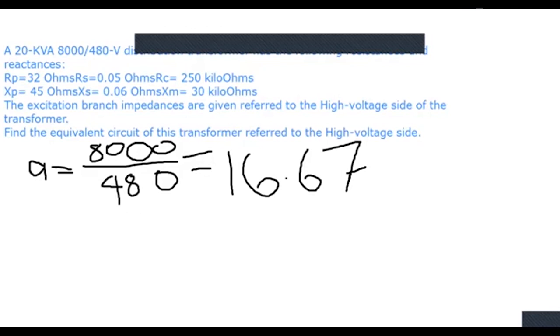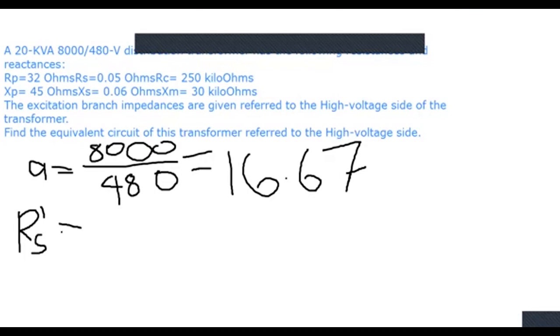Given the formula, we must now get the secondary impedances as referred to the primary side. We will only focus on the secondary impedances since we are going to refer them to the primary side, which is the high voltage side. For the resistance of the secondary as referred to the primary side, we can see there is a prime, RS prime, which signifies that we are referring the secondary resistance to the primary or high voltage side.